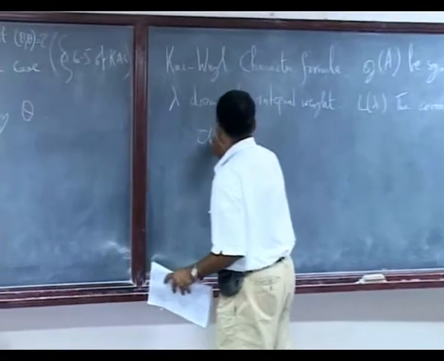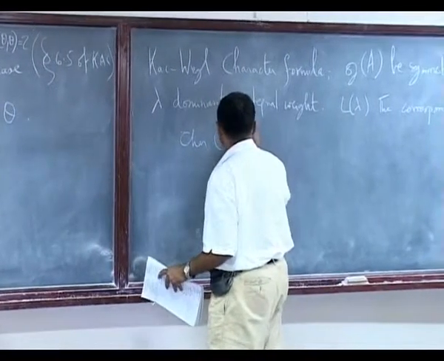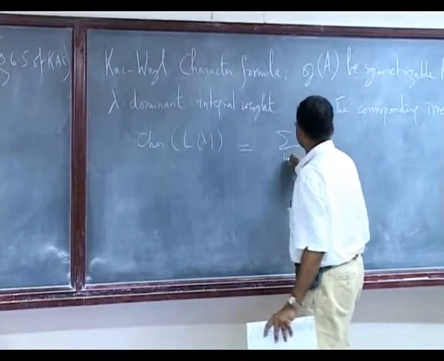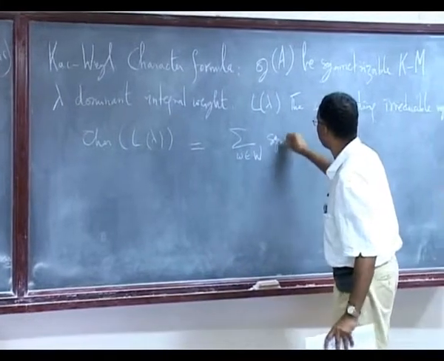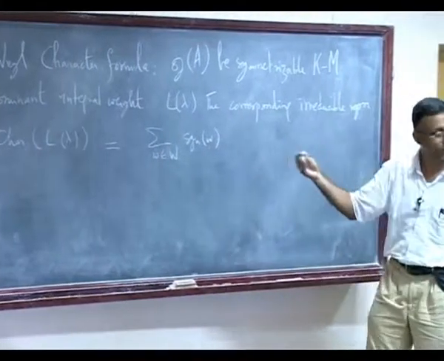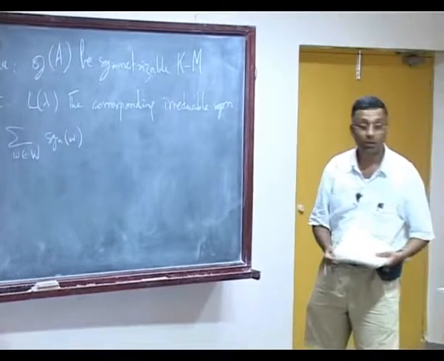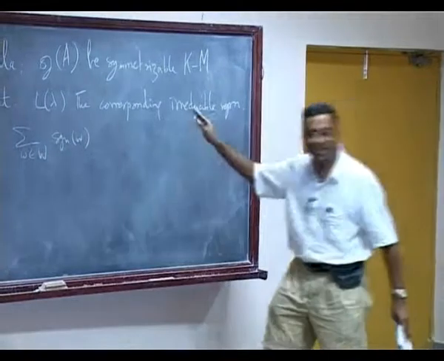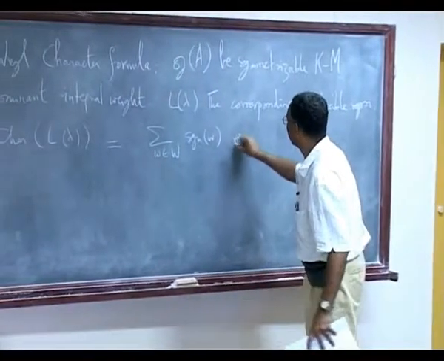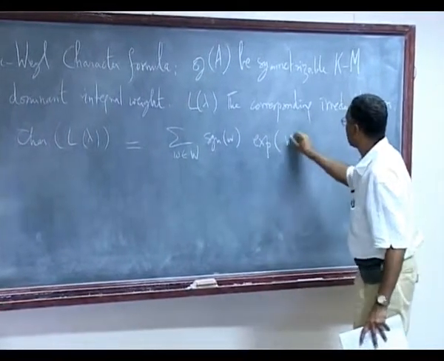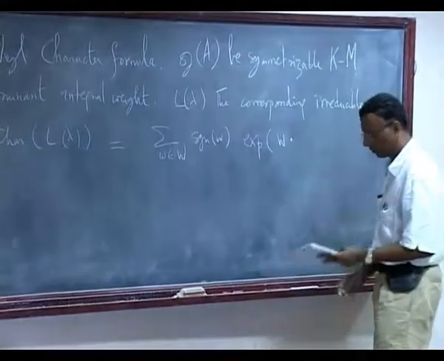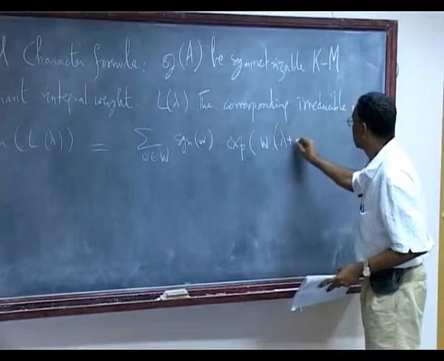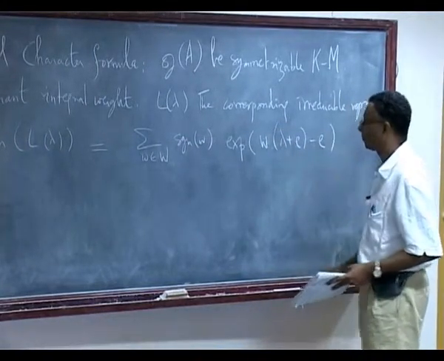And so the statement is: the character of L lambda is the summation over W of sign of W, or minus 1 to the length of W, times the exponential of W dot lambda, or I'll be more explicit and write this.